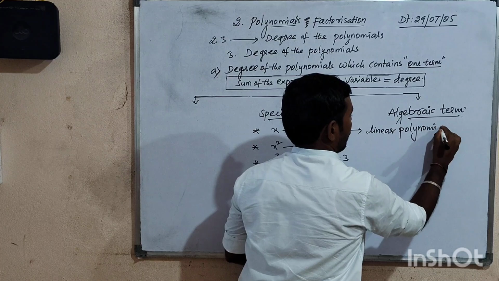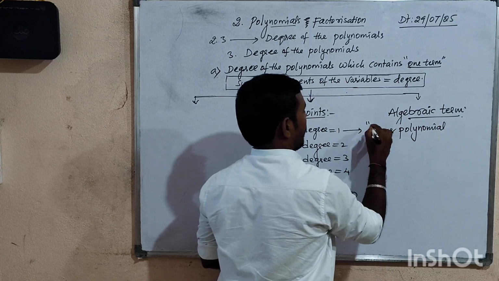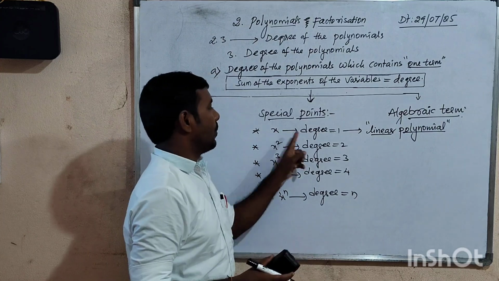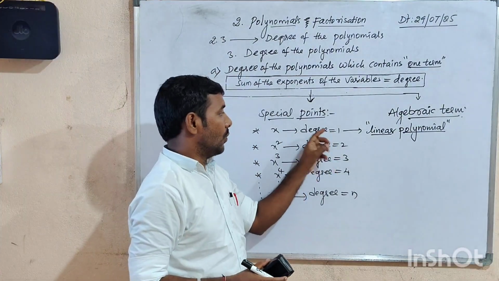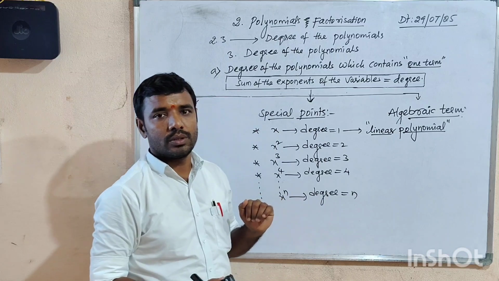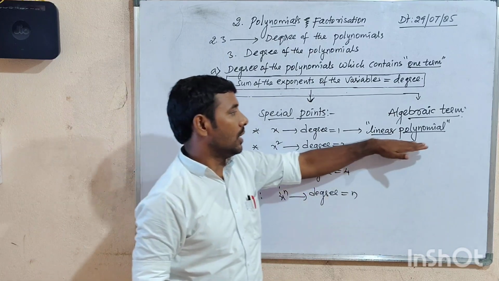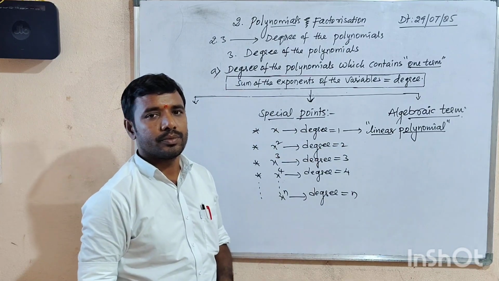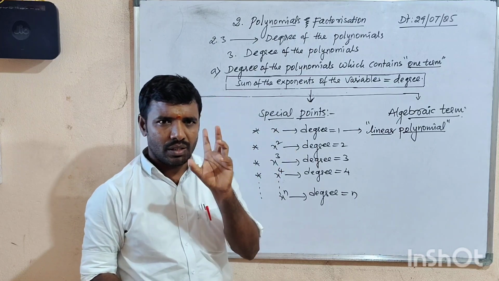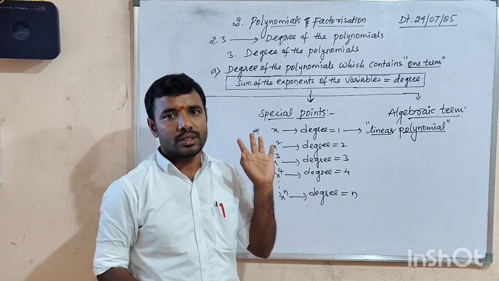What is its name? Linear polynomial. Only because its degree is 1. Degree 1 algebraic terms are known as linear polynomials. Why is it a linear polynomial? Because of a single reason, its degree is 1, that's it.